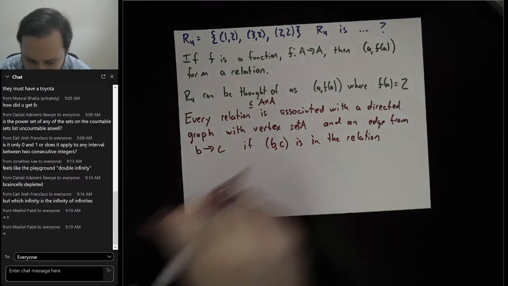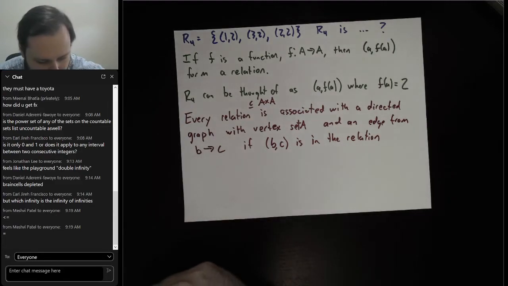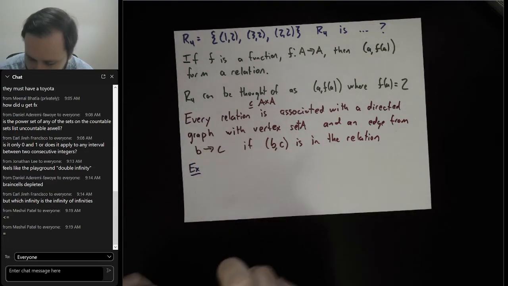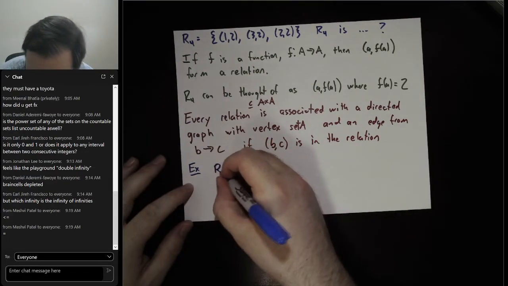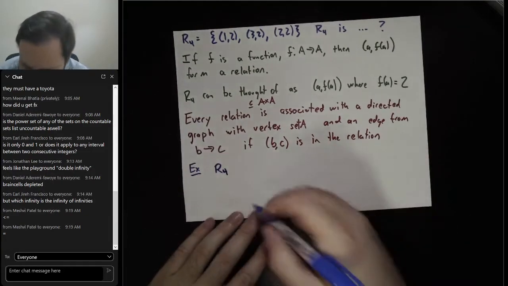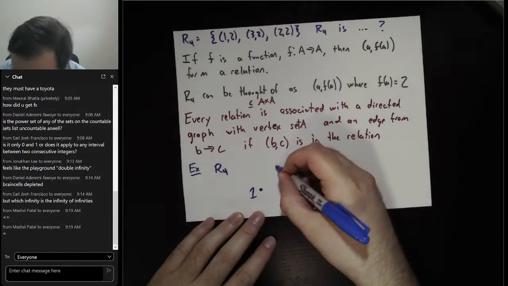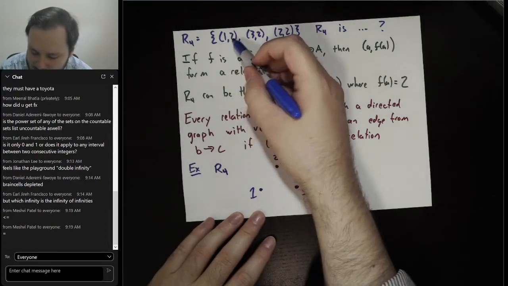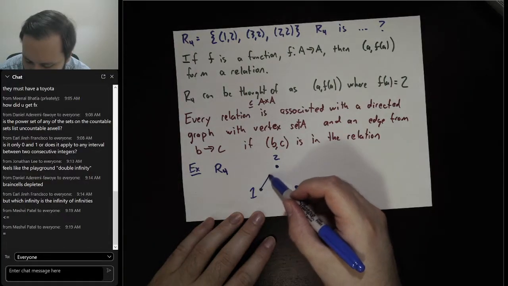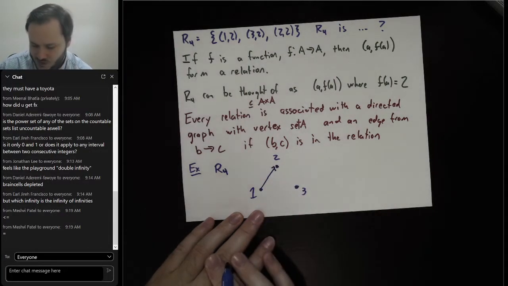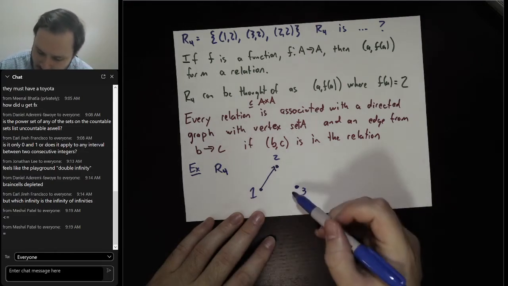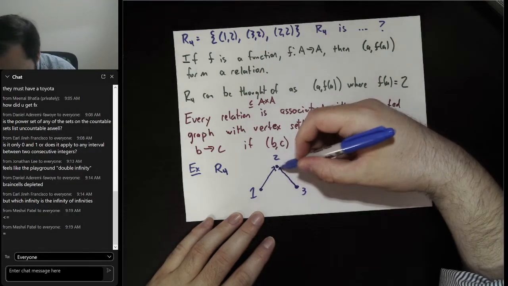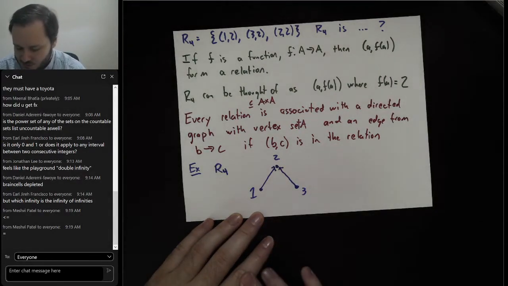So here's an example. R4 has the following directed graph associated with it. (1,2) is in my relation, so I draw an arrow from 1 towards 2. (3,2) is in my relation, so I draw an arrow from 3 towards 2.